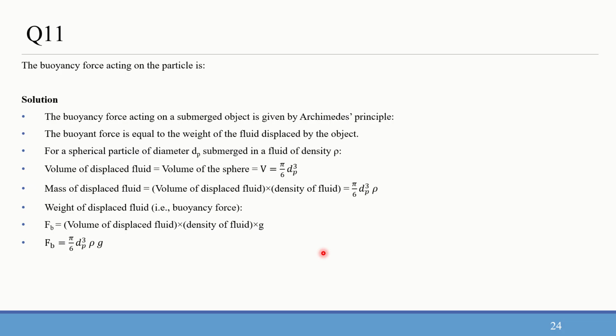But here it is not under the influence of gravity, it is under the influence of centrifugal force. So it is pi by 6 dp cube rho into r omega square. So that is the answer.